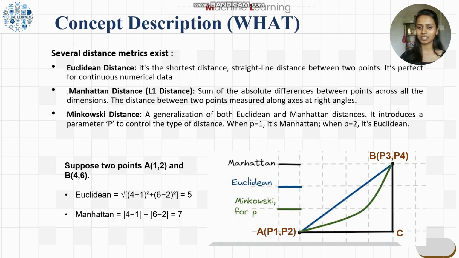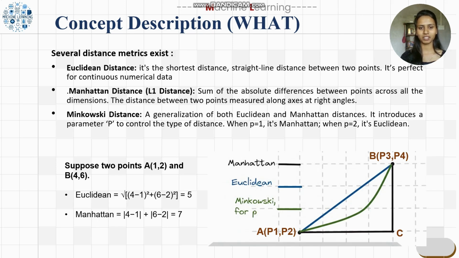Here in the diagram, the blue line indicates the Euclidean distance. In a real world example, if you have to go from one point to another, we simply search it on a map and it gives us the direct road to reach that point. It is good for numeric and simple data.